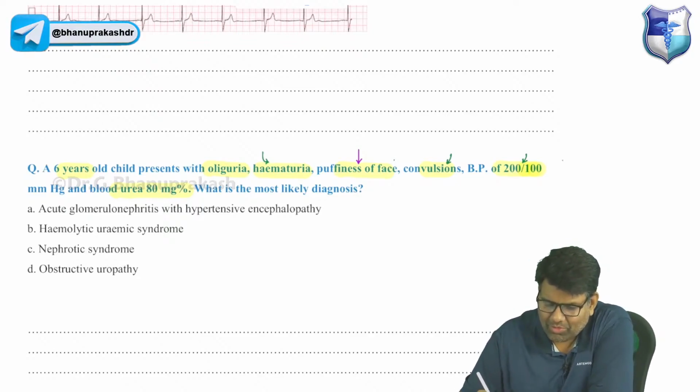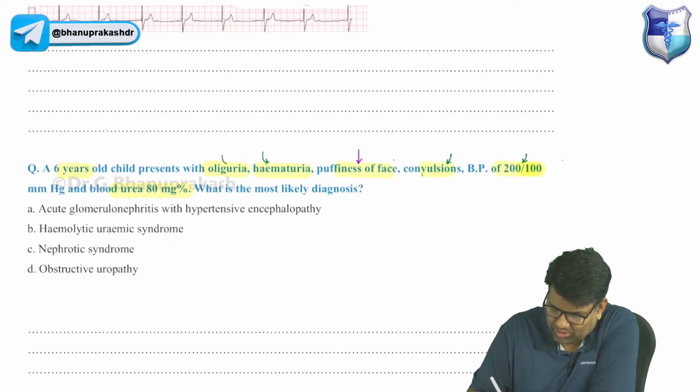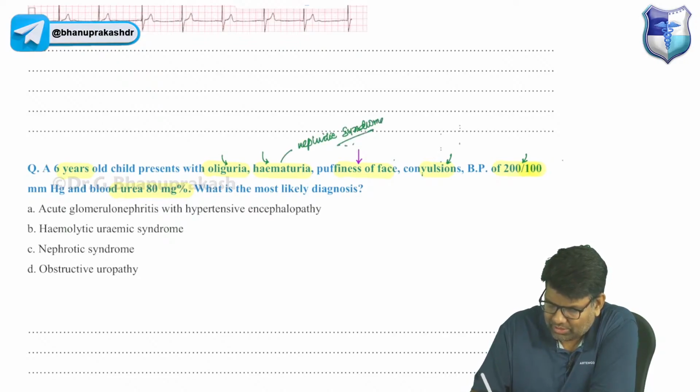Oliguria as well. So this goes more in favor of a nephritic syndrome kind of picture. There is some edema, hematuria.